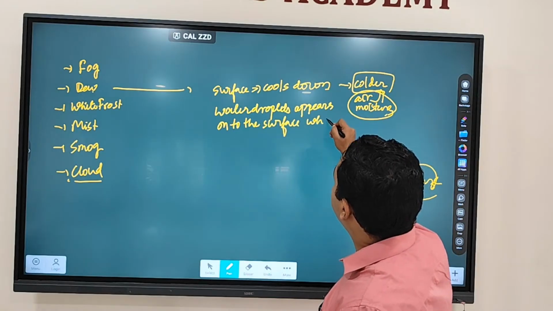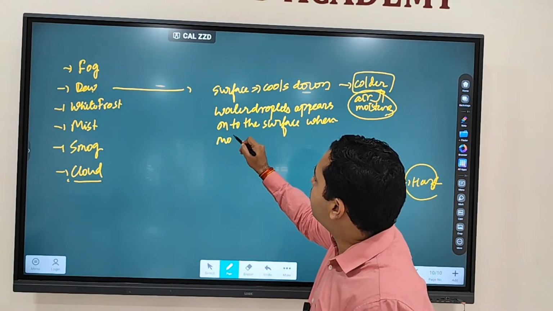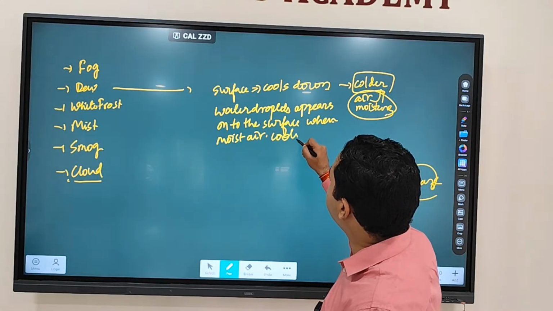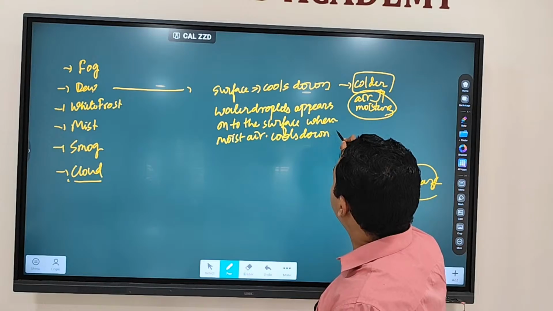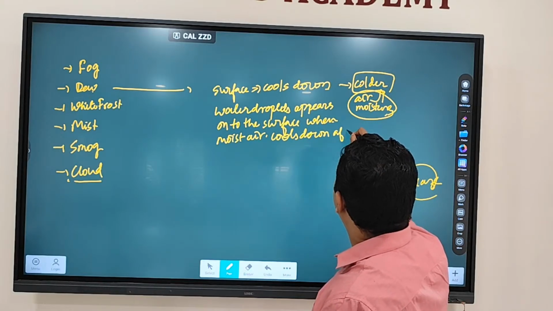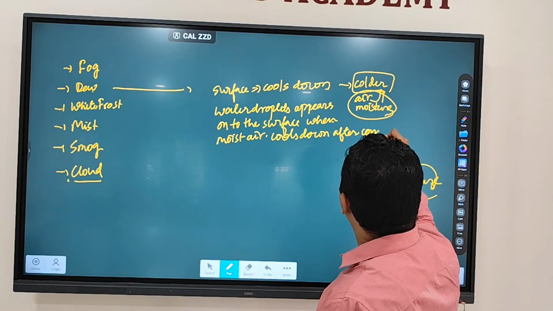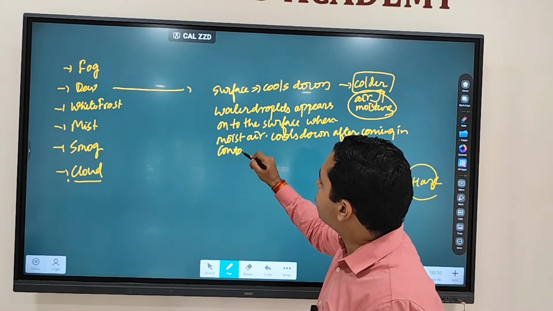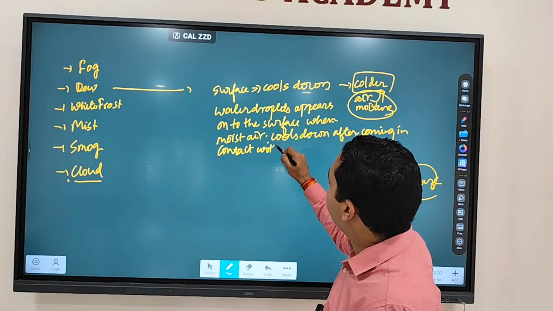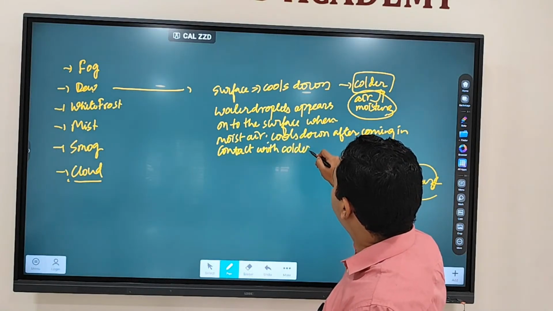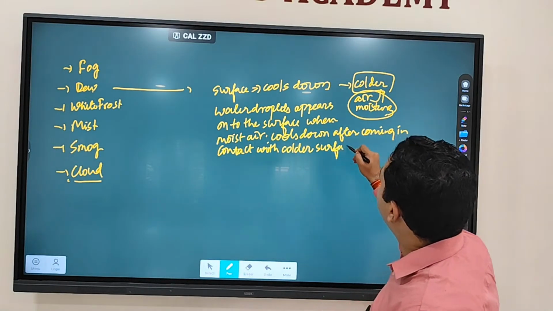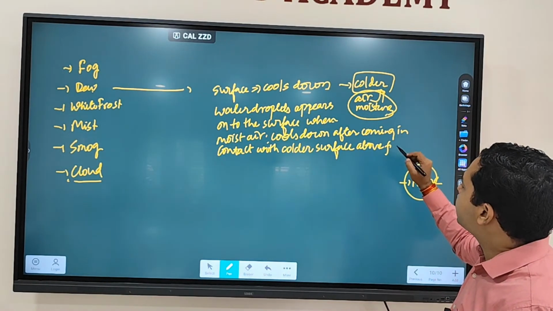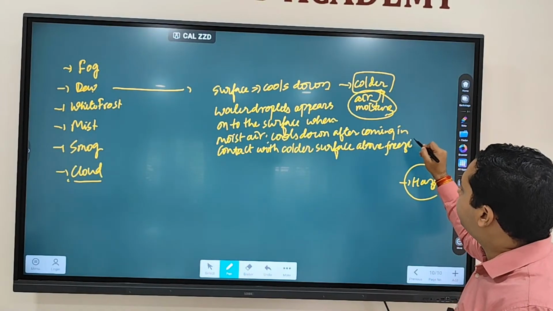When moist air cools down after coming in contact with a colder surface above freezing point.